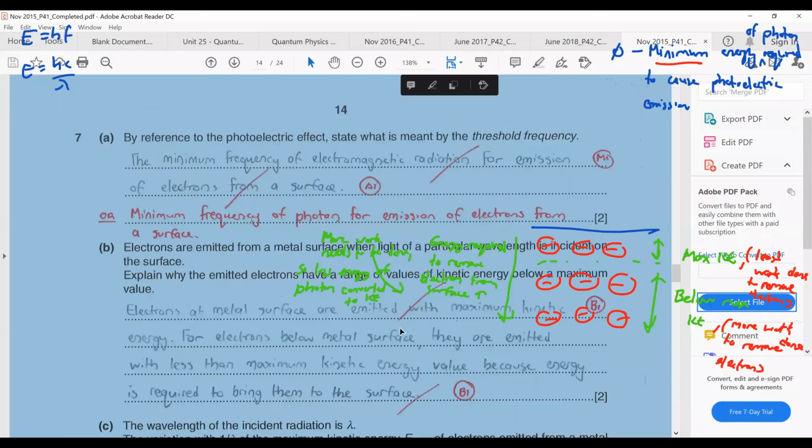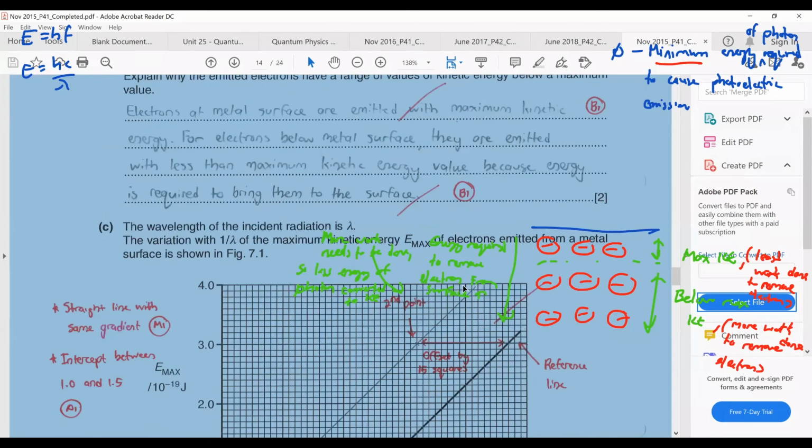Okay, so if this one is okay, then we go on to the next one. Now they tell you the wavelength of incident radiation is lambda, and the variation of Emax, the maximum KE of electrons emitted from the metal surface, with 1 over lambda is as shown in your diagram here.